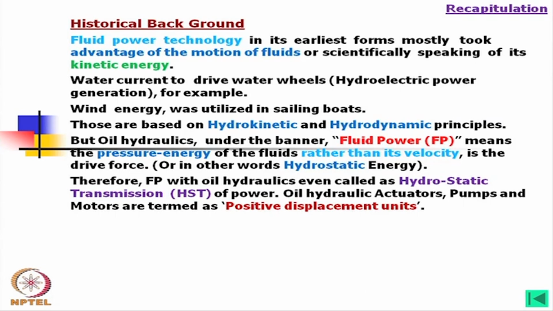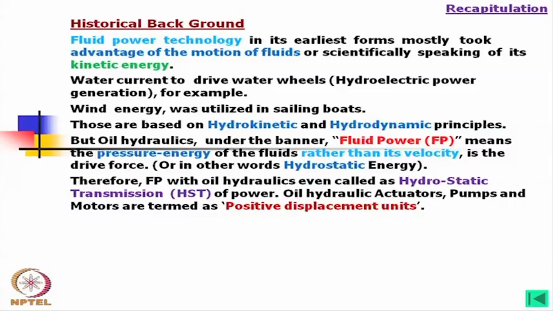In that case, this impeller rotates and fluid velocity is generated, and that also creates a suction head, and then due to this hydrokinetic energy, fluid with some pressure is delivered at the output end.